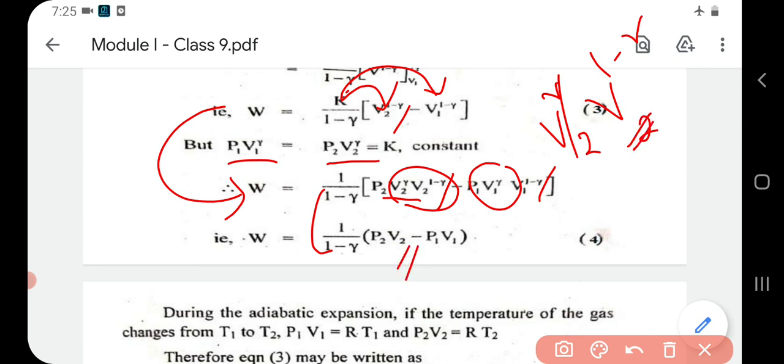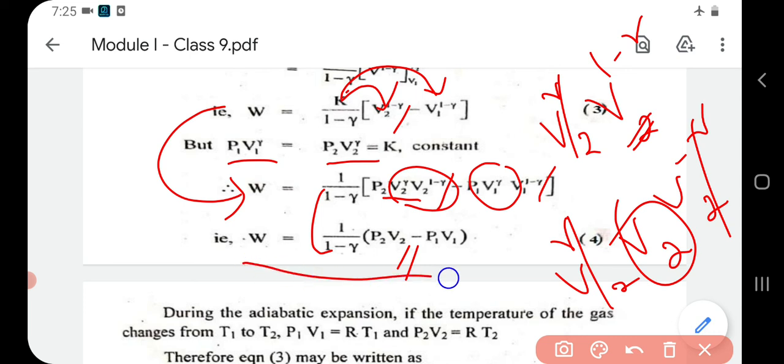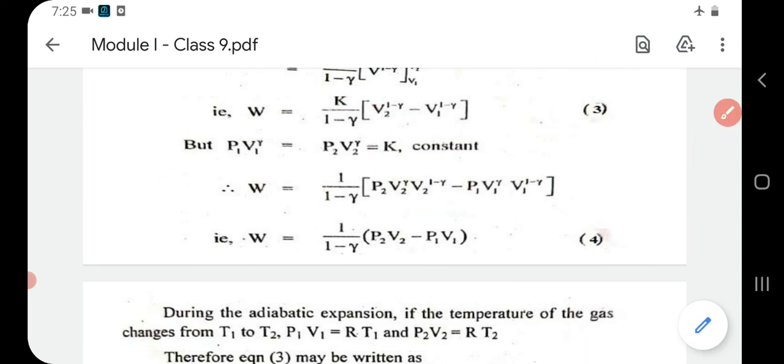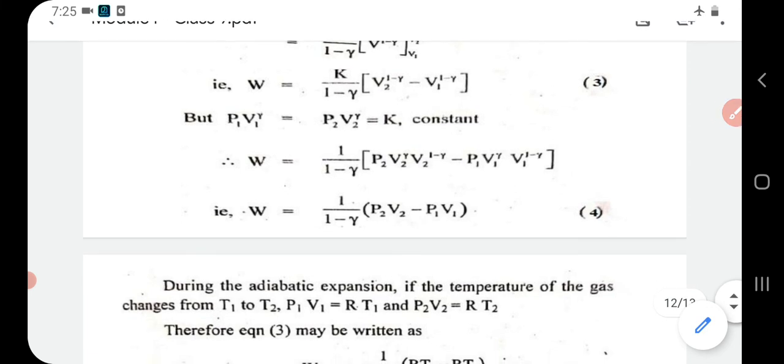Because V2 raised to gamma times V2 raised to 1 minus gamma means V2 raised to gamma plus 1 minus gamma, so this and this will get cancelled. So only V2 will be there. Similarly here. So the expression will be W is equal to 1 by 1 minus gamma, P2 V2 minus P1 V1.